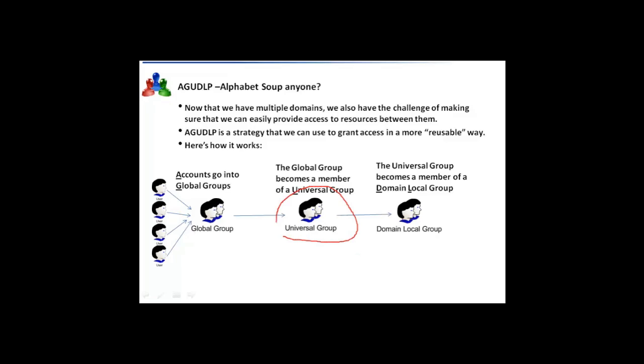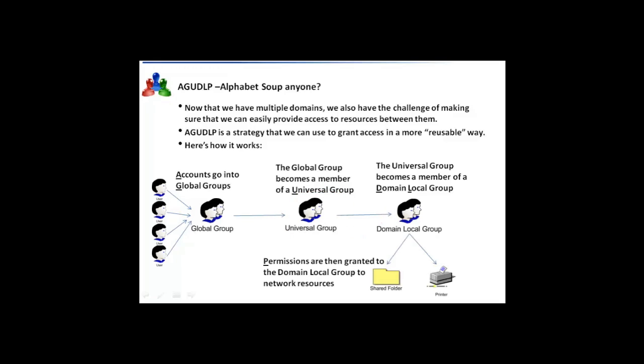So within the domain, users from a different domain can be part of a share from a local domain through the universal group, because the global group cannot be assigned directly to the local group. It has to be that way. You cannot assign a global group directly to the domain local group, which is where your resources are located.